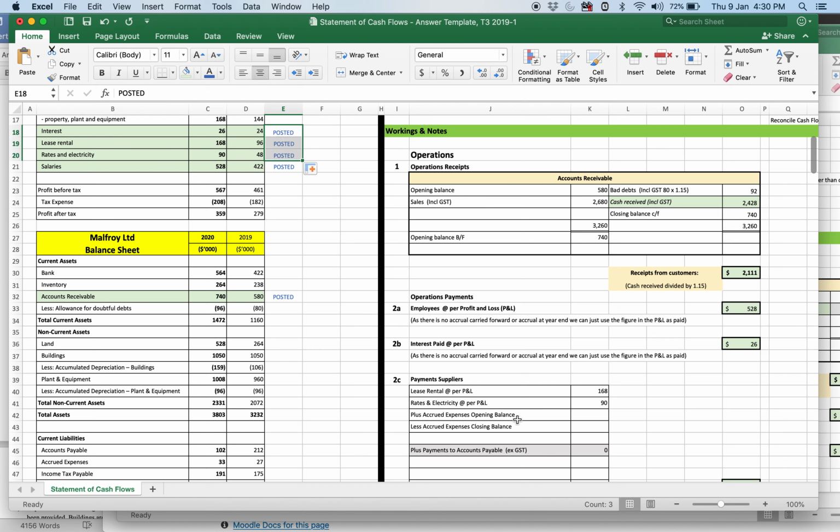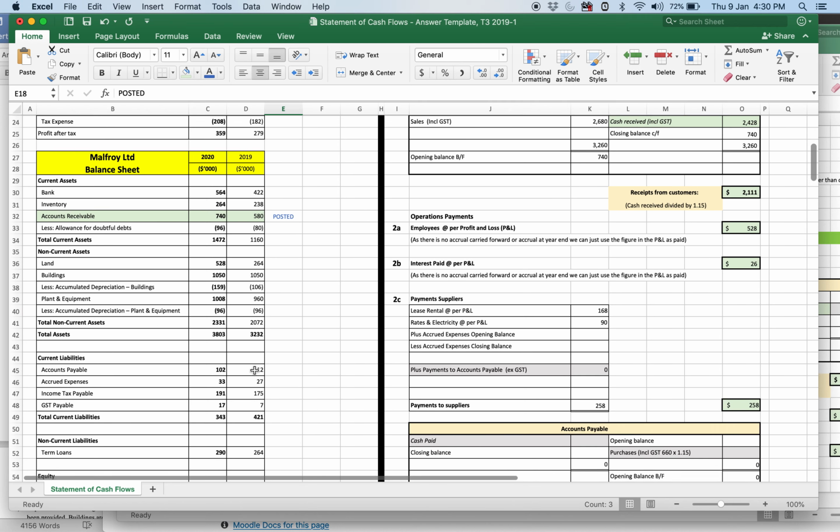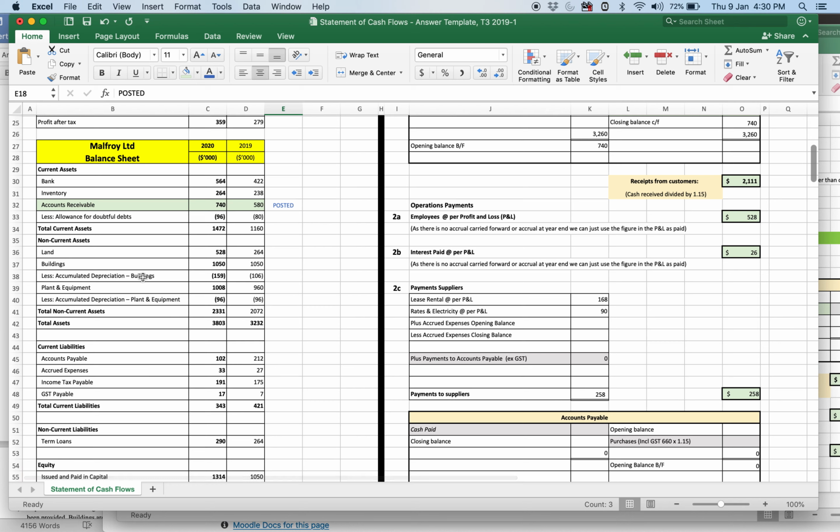Plus accrued expenses opening balance. So what did we accrue, which is a liability? Accrued expenses last year, we accrued 27, so we presume that we have paid that 27, which is good.